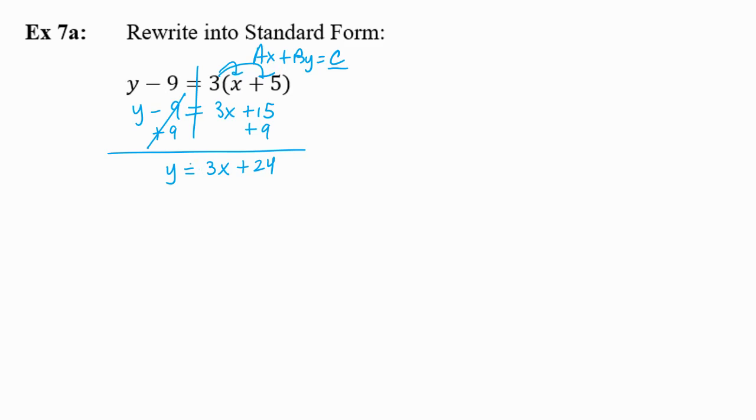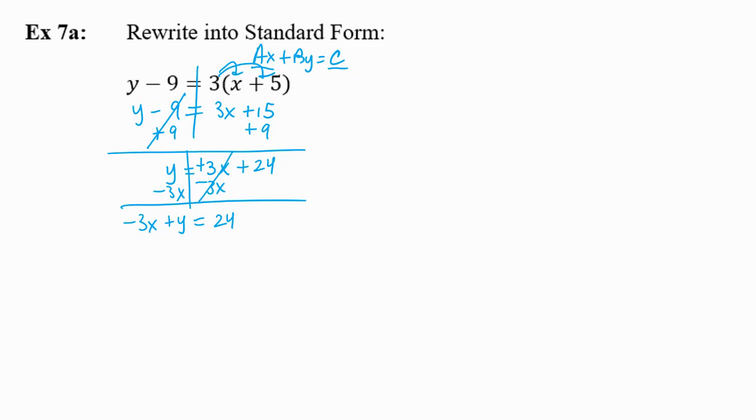Now I need the positive 3x to go to the other side, so I'll subtract it from both sides. On my left, y and negative 3x can't combine. I'll bring down the negative 3x first because I need it to be ax first, plus the y that was already there. On the right, 3x minus 3x is 0. I can bring down 24. Almost there.